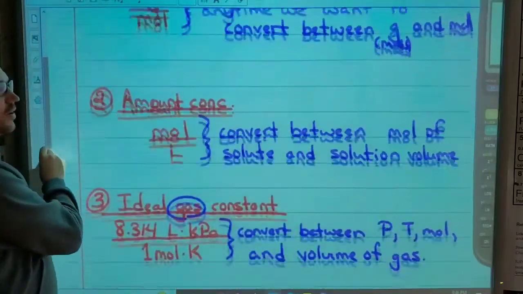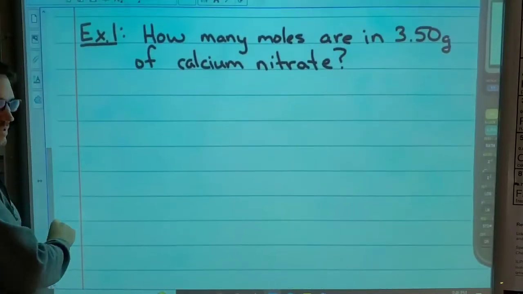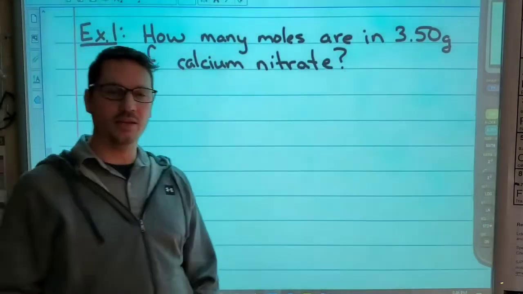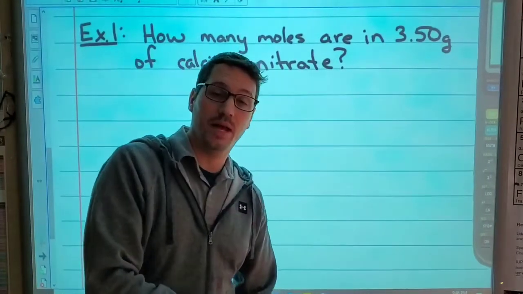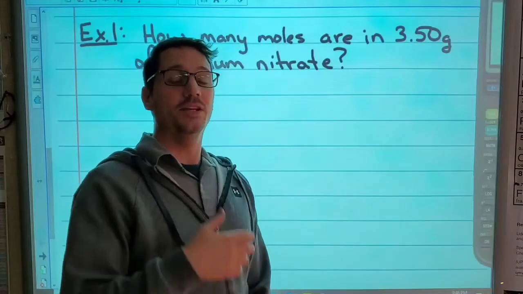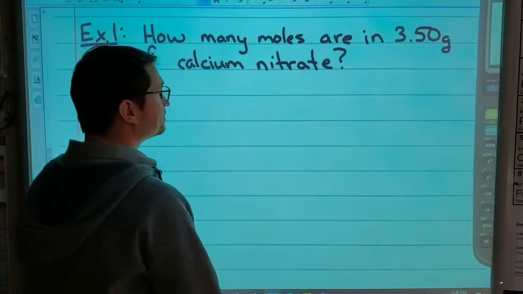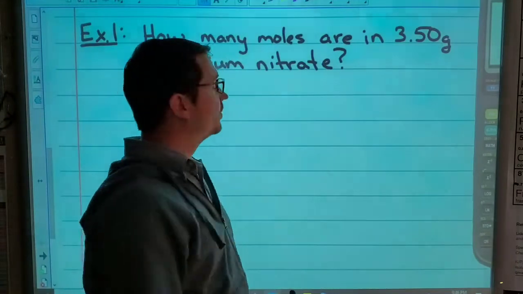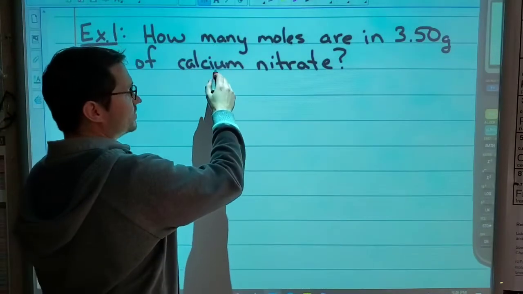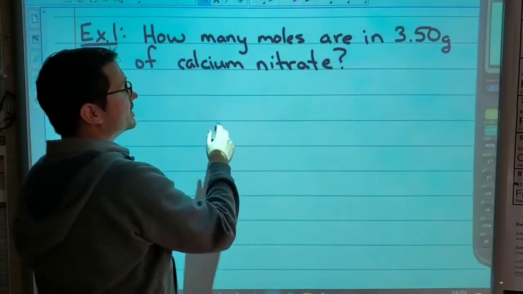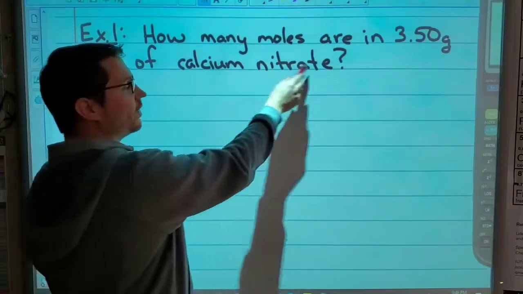Now, one of the difficult parts with using the molar mass is for us to be able to calculate the molar mass. In order to calculate the molar mass, you need your periodic table, and you need to be able to identify what the formula for this substance is. So, another reason why we reviewed this a little bit earlier is because calcium nitrate is an ionic compound, metal, non-metal.